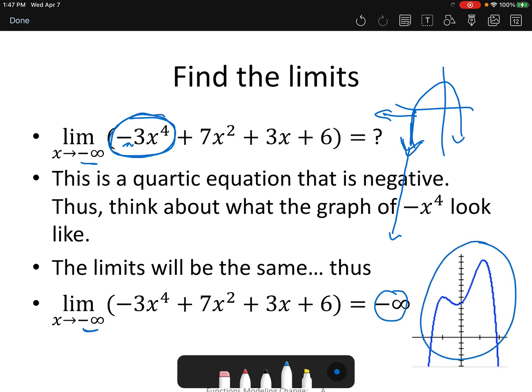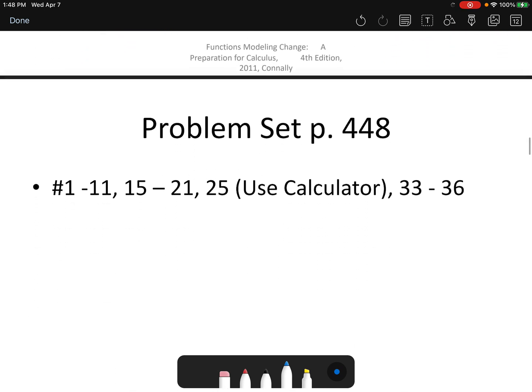Now, this is the actual graph. Notice I just made a U. I don't know what the humps and all this stuff is. I don't care. I'm just looking at this leading coefficient and this leading power. So I know what the long-run behavior is based on that.